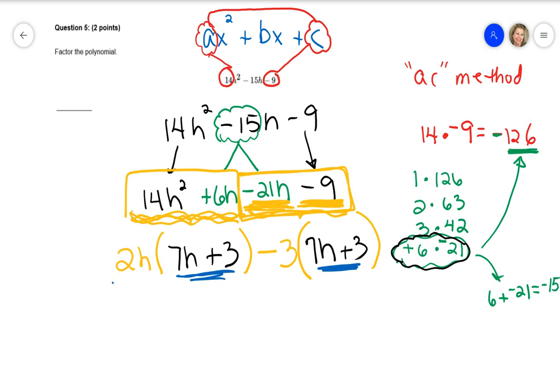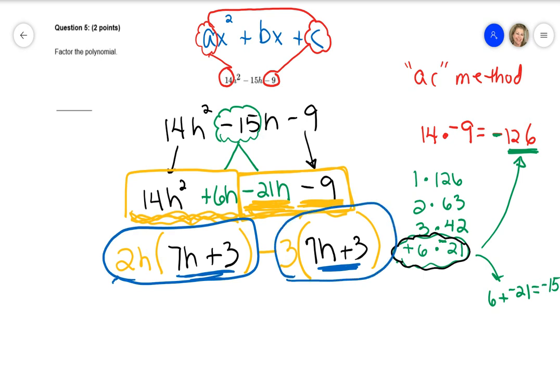I literally have this stuff here minus that stuff there, and both sets of stuff have a 7h plus 3 in common. So I'm literally factoring out the 7h plus 3 from both sets of messes.